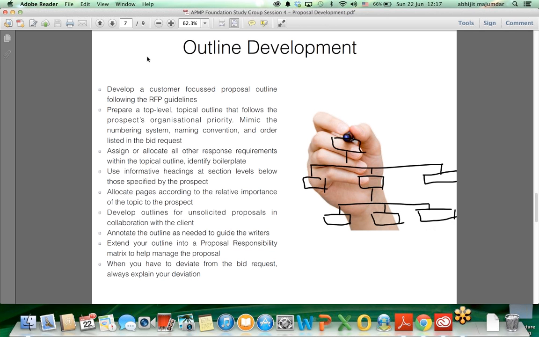Below that you can use more descriptive headings. They may not be at levels, but you can use a descriptive header for a particular section and subsection in your proposal, and that can roll up to your section level, and all the sections can roll up to a topic level, and all the topics should roll up to your proposal level. That is basically how the outline should look.